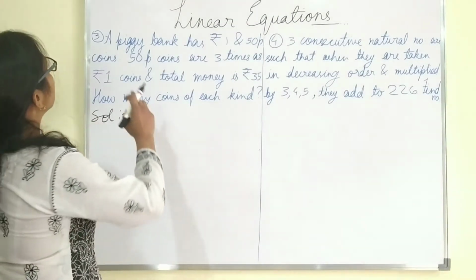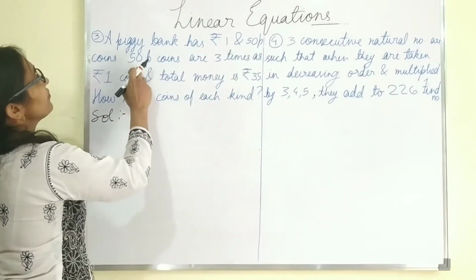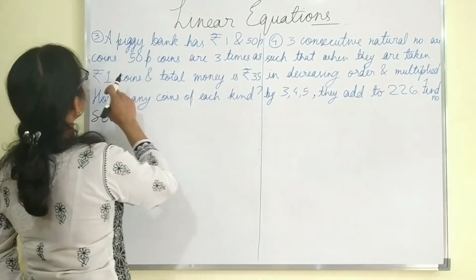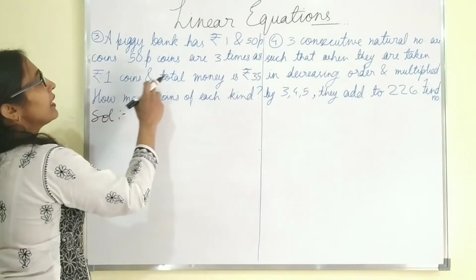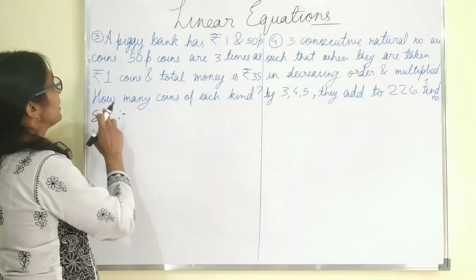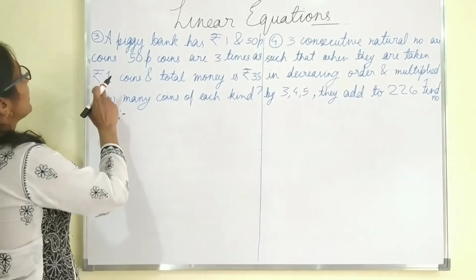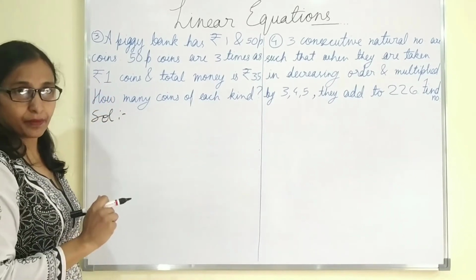So the next example is, a piggy bank has rupee 1 and 50 paisa coins. 50 paisa coins are 3 times as many as rupee 1 coins and the total money in the piggy bank is rupees 35. How many coins of each kind? As you know, rupee 1 equals 100 paisa.